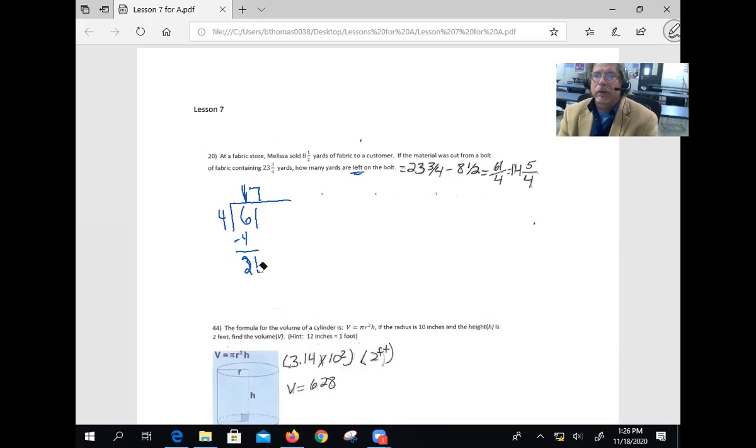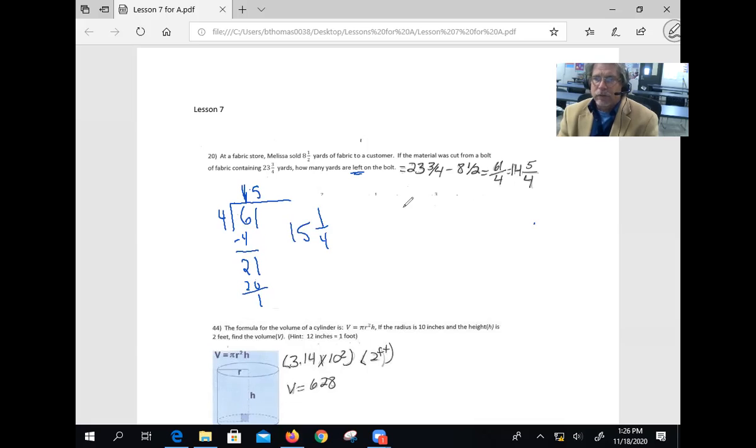Let me back up here. So 6 minus 4 would be a remainder of 2. The 1 comes down. 4 goes to 21 five times. And 5 times 4 would be 20 with the remainder of 1. So I should have 15 and 1/4 as an answer.